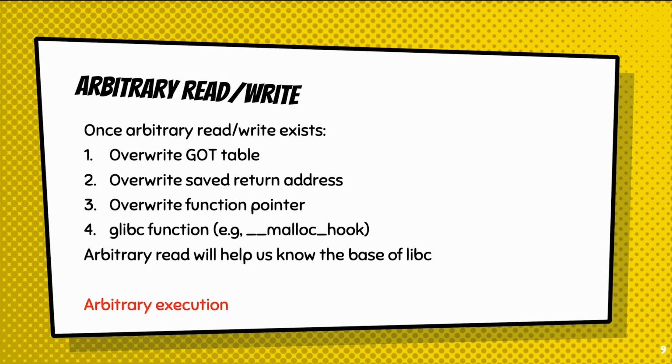We can use arbitrary read-write to overwrite the GOT table, to overwrite the saved return address on the stack, or overwrite a function pointer, or overwrite a glibc function. So all those are different kinds of hacks that you can use to convert an arbitrary read or write to arbitrary execution, especially those for arbitrary write.